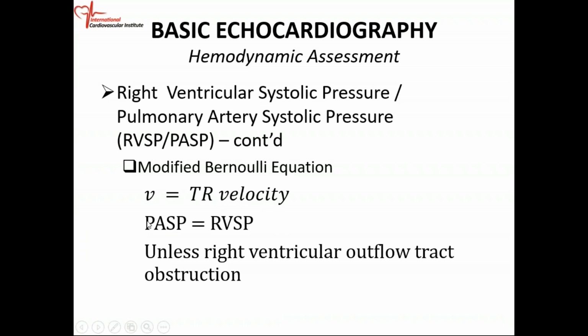So for someone who has tetralogy of Fallot, and if there is right ventricular outflow tract obstruction, it's not going to work. If the patient has, say, Noonan syndrome and pulmonary artery stenosis, it's not going to work. So this equation is only true if there is no obstruction at the right ventricular flow tract.